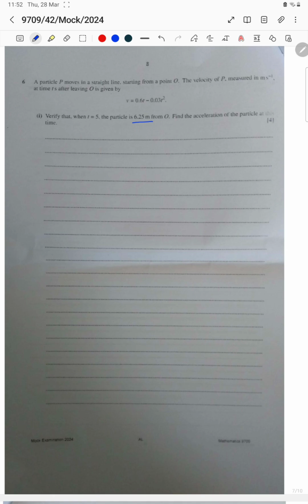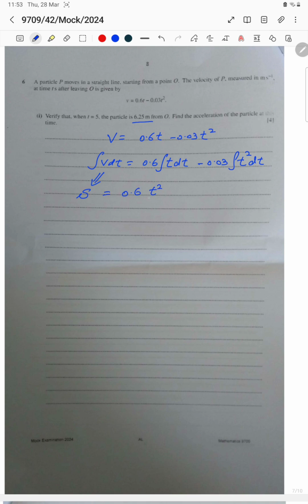So first we have to calculate the distance, as we are given the velocity 0.6t minus 0.03t square. For the distance we need to integrate it.